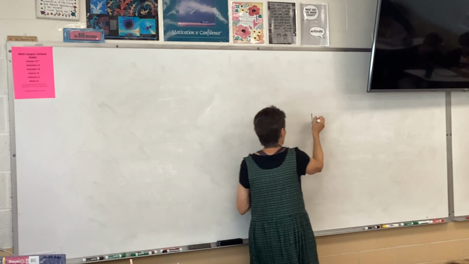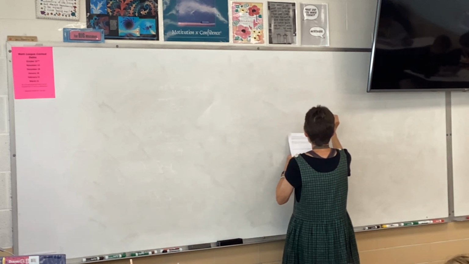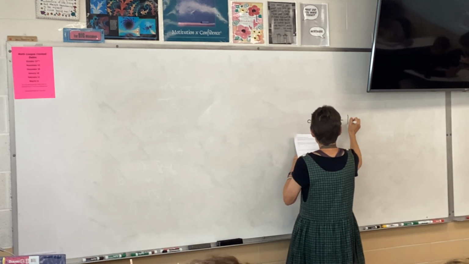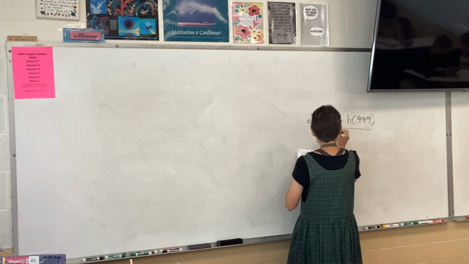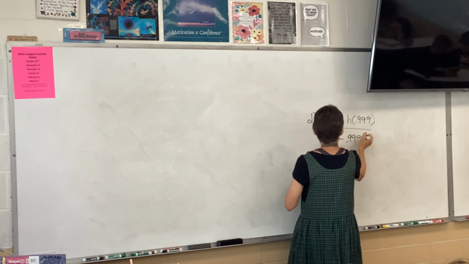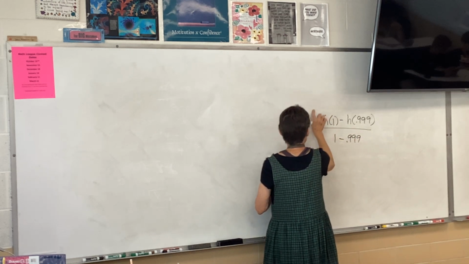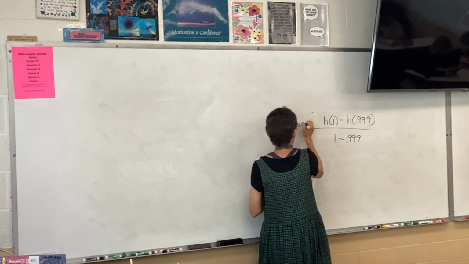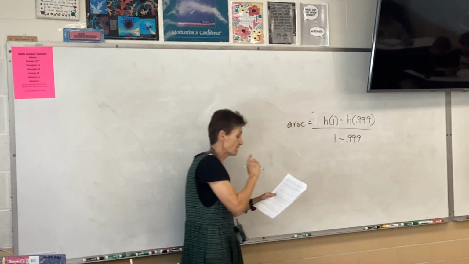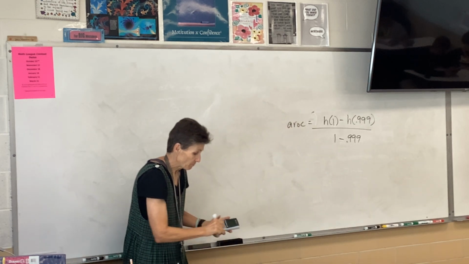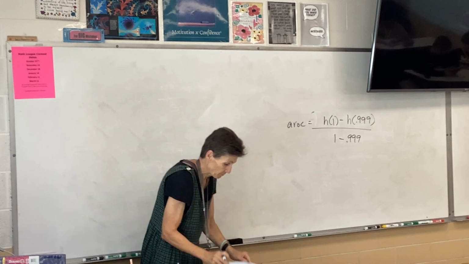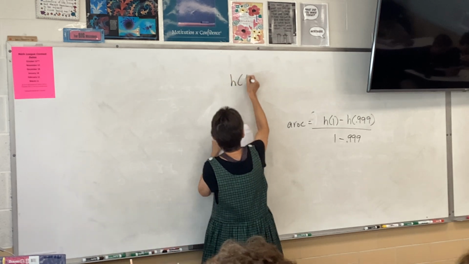Mine will be h of 1 minus h of 0.999 over 1 minus 0.999. That's going to be my average rate of change. Make sure you're setting yours up the same way, using this function.